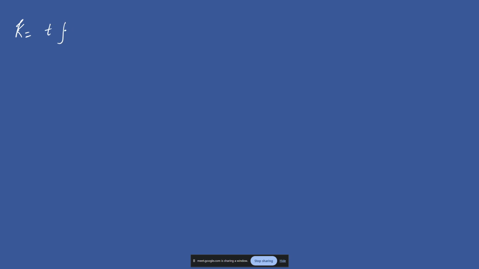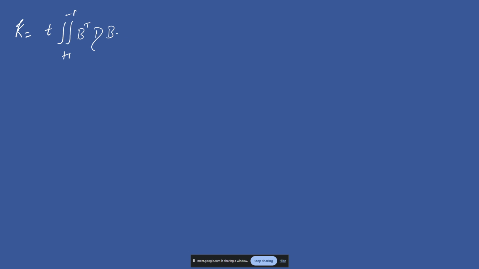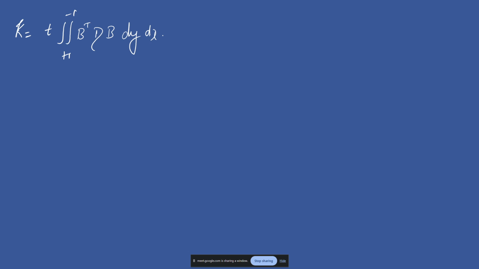then accordingly you can evaluate your stiffness matrix, which is given by k equals t times the integral from plus 1 to minus 1 of B transpose D B dx dy. The thickness t of the element is given to you, so you can use that.